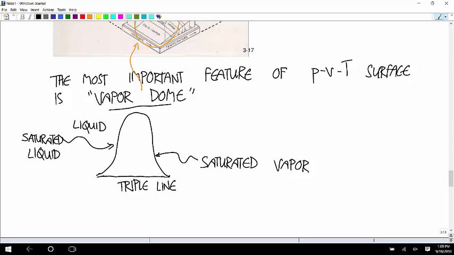Well, until you go, if you go even farther to the left, you get solid. In this class, we're only concerned with liquids and vapors. Inside the vapor dome is a liquid vapor mixture.